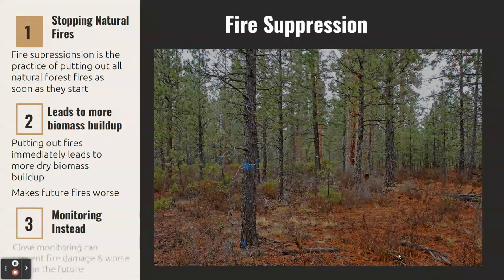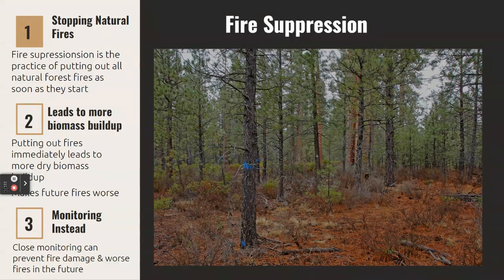So one thing we can do instead is close monitoring. That way, we can prevent fire damage and worse fires in the future by, when these fires do happen naturally in very secluded areas, just letting them burn, and monitoring them so that if they do start to approach cities or human structures, then they can be put out.